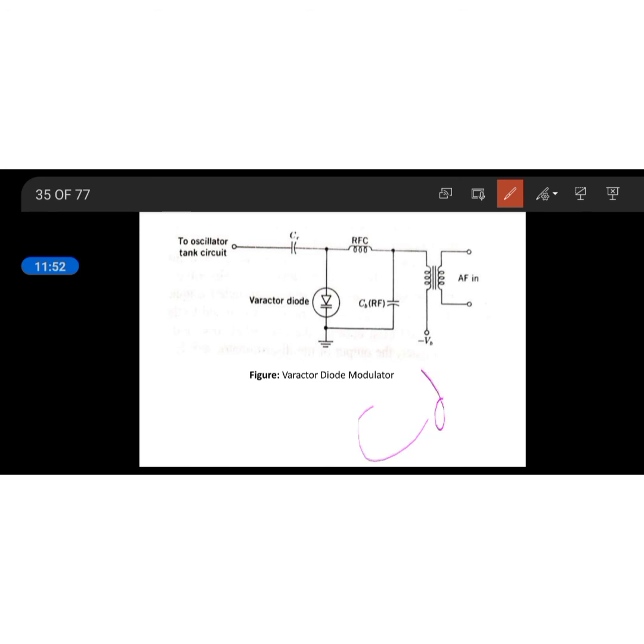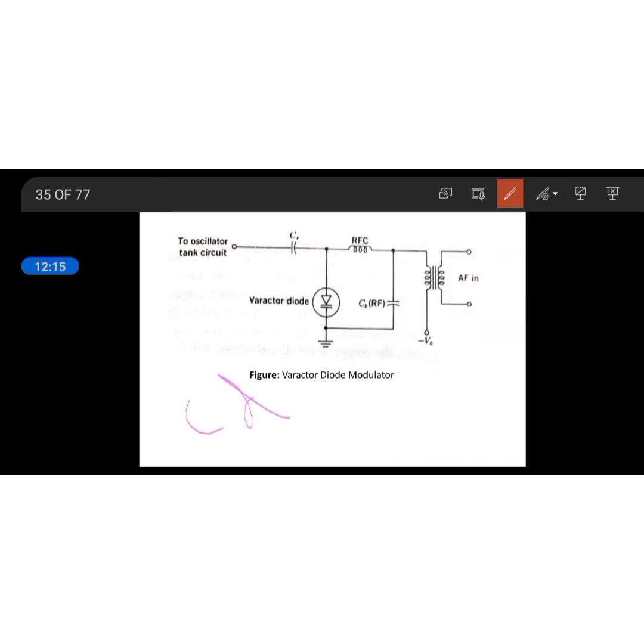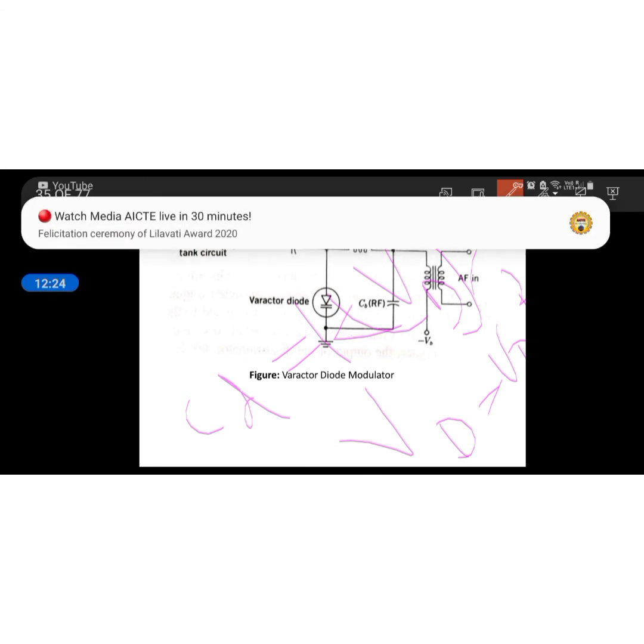Here CD is proportional to VD to the power minus 1 by 2. Already we know that the capacitance is proportional to 1 by root VD. With the proportionality constant, CD is equal to K into VD to the power minus 1 by 2, but VD is equal to V0 plus Vm of t.